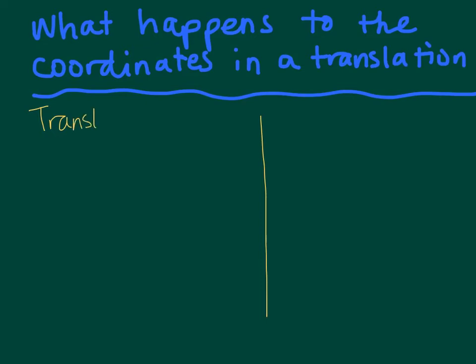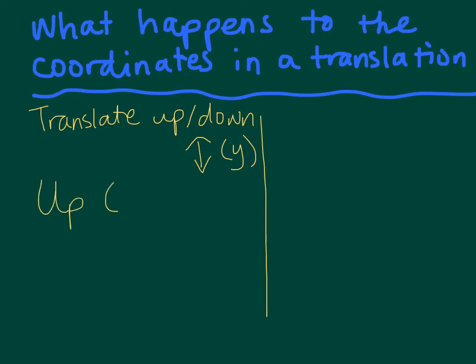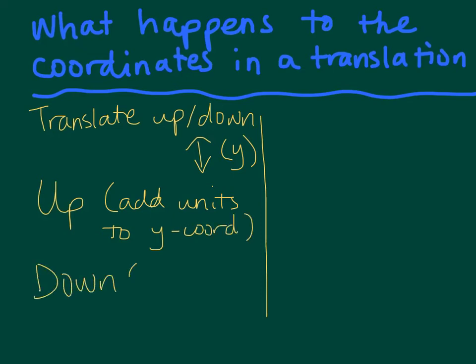If we translate up or down, that is going to change our y coordinate. If I translate up, I'm going to add units to the y coordinate, and if I translate down, I'm going to subtract units from my y coordinate.